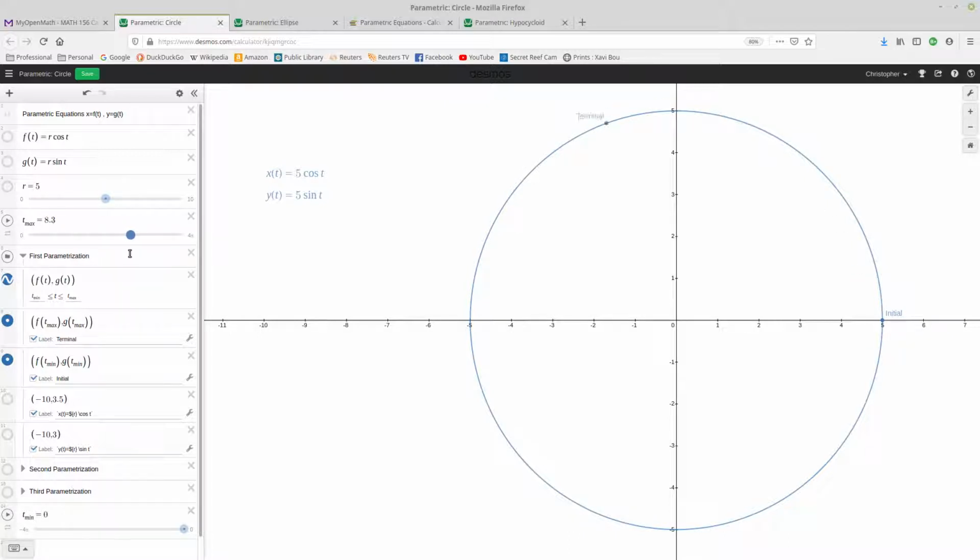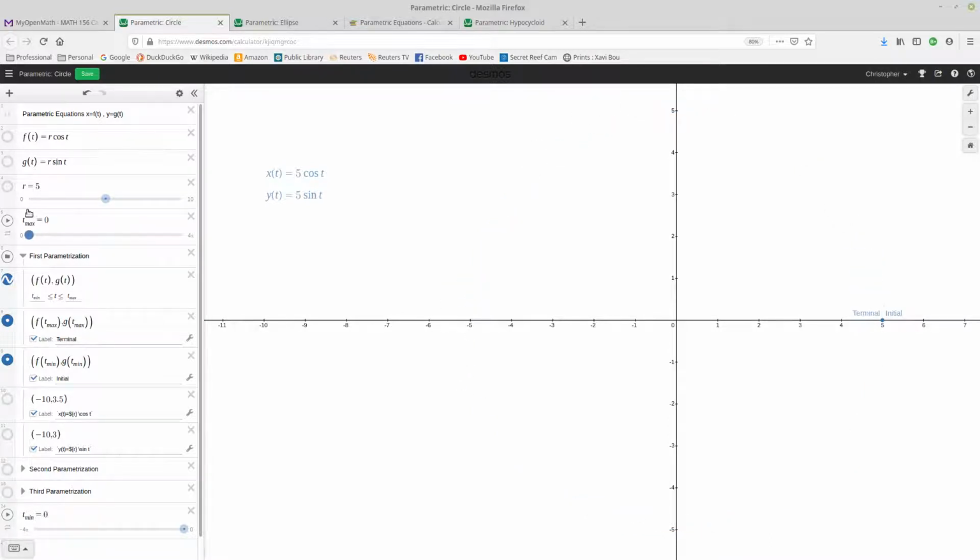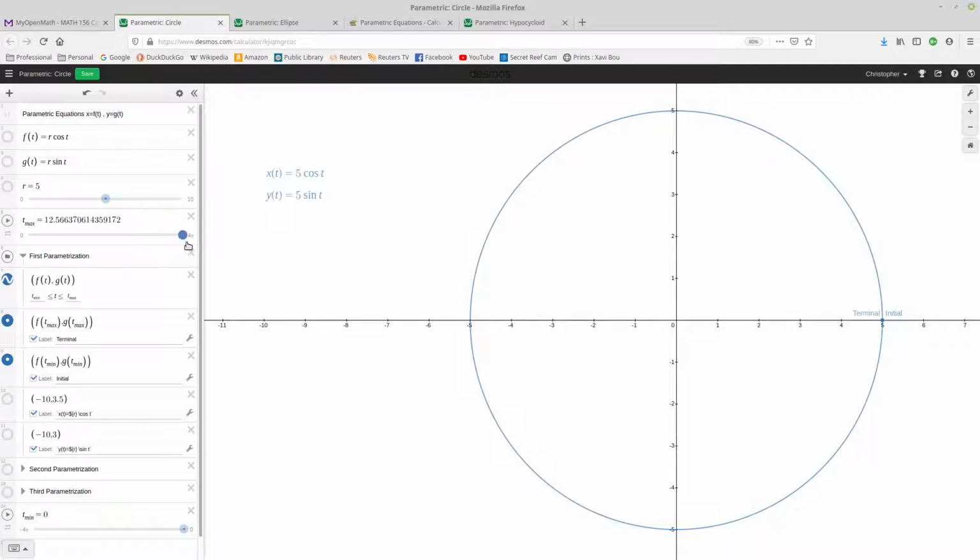But as I proceed all the way to 4 pi, I finish a second lap around the same circle. And so the parametric curve actually is not just the circle, but it turns out to be 2 laps around the circle. And I think that seeing it in motion is a really helpful way to conceive of what's actually going on here as opposed to a static picture.